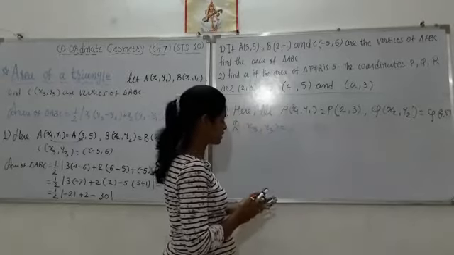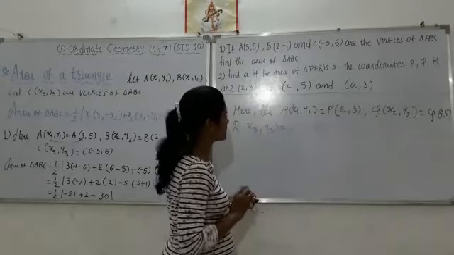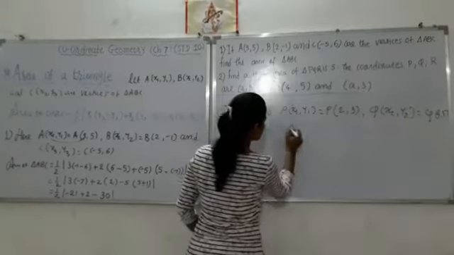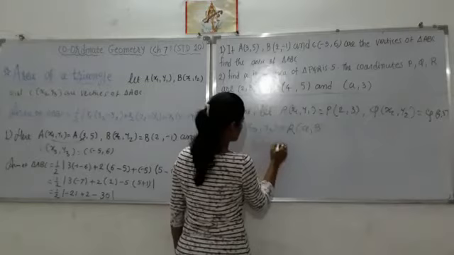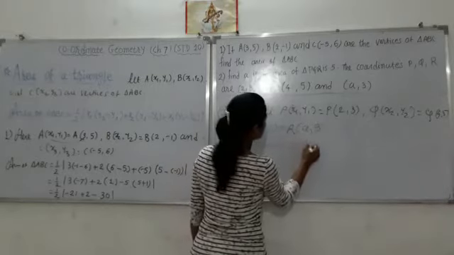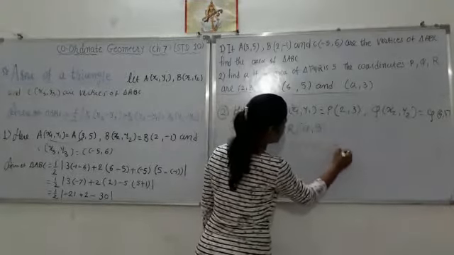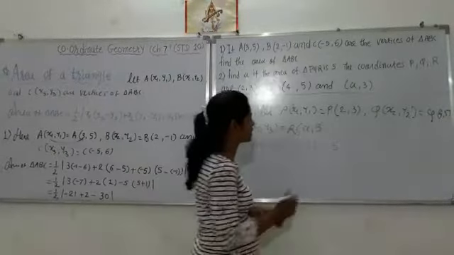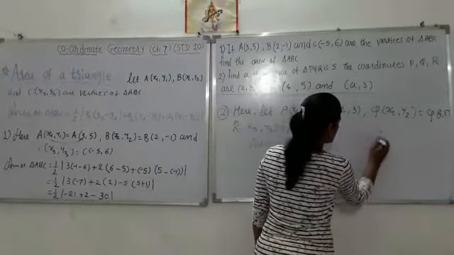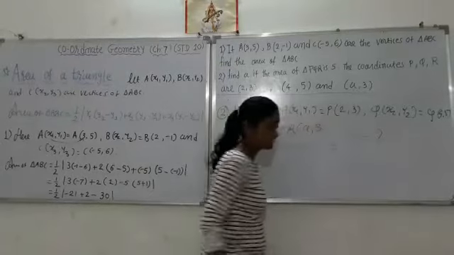One more thing is given in this question, its area. So you should write area of triangle PQR is equal to 5. And what do you want to find in this question? You want to find the value of a. So a is equal to question mark.